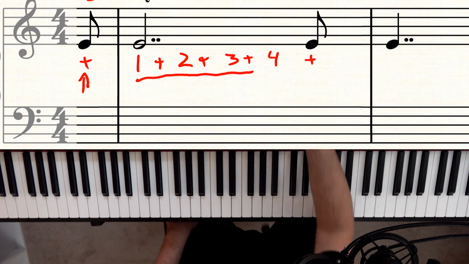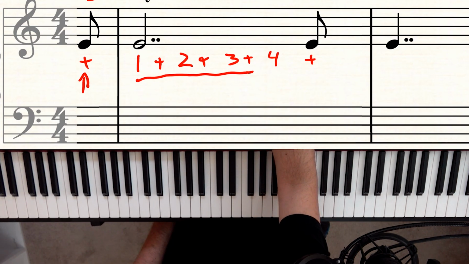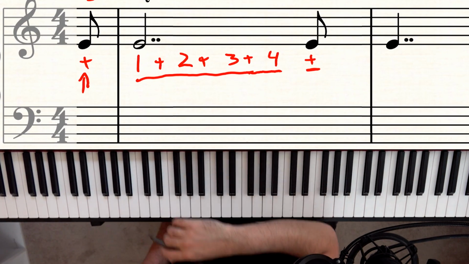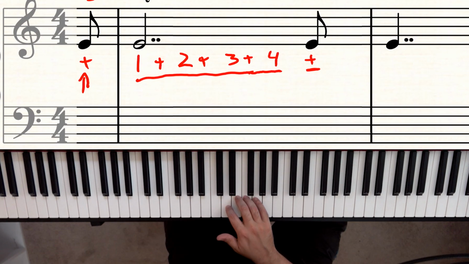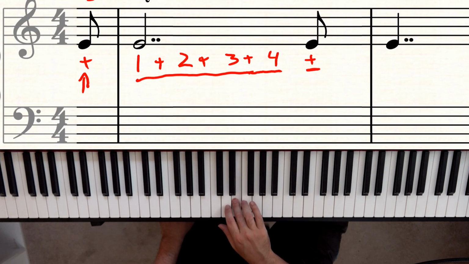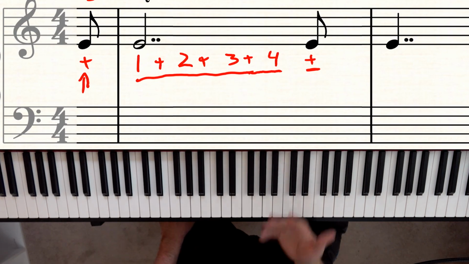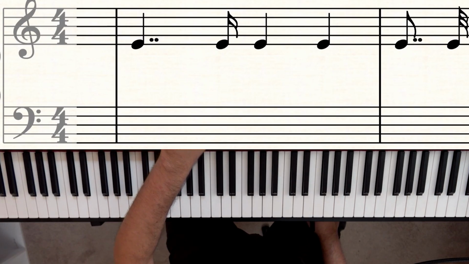So we know that this is going to be holdover for 1, 2, 3, and then the first half of beat 4, that's technically 3.5, and then the second half of beat 4 is going to be here. So it's actually pretty easy. It's just going to be counted like this: 1 and 2 and 3 and 4 and. Very easy.